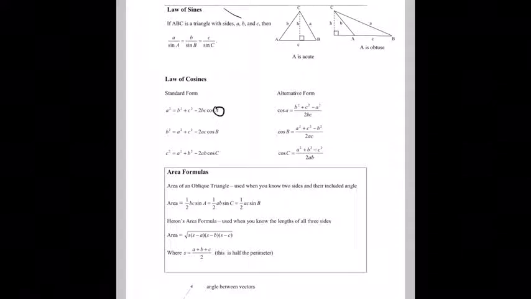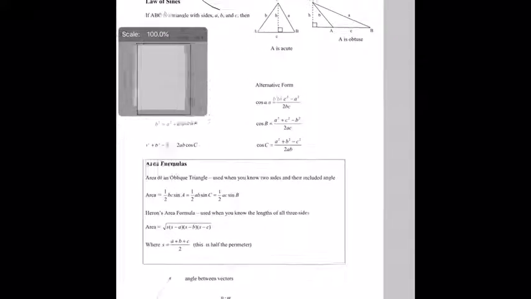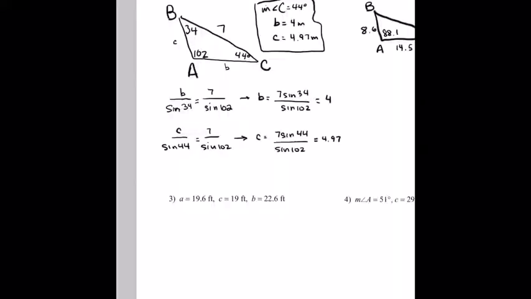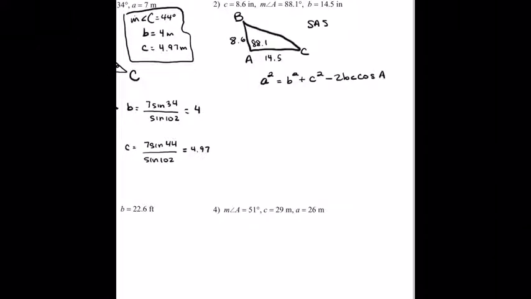If we want to solve for A squared, or for side A, for example, we have to know side B, we have to know side C, and we have to know angle A, which we do. So we can use this form of it to solve for side A. So it's A squared equals B squared plus C squared minus 2BC cosine A.